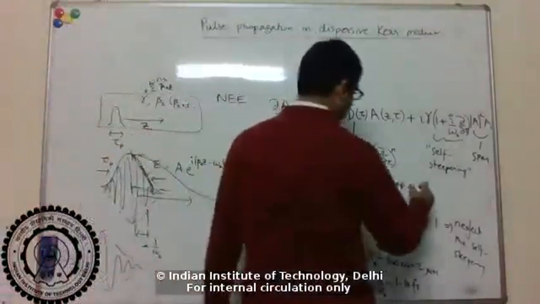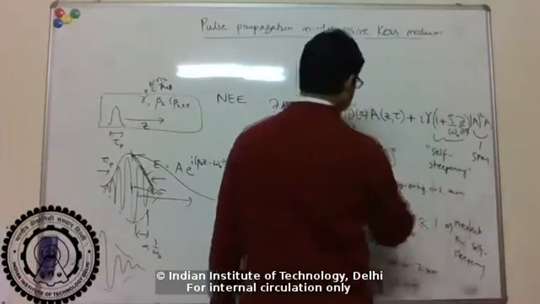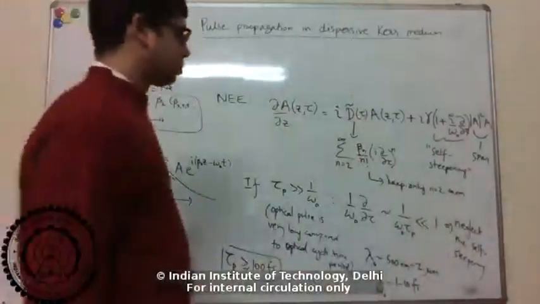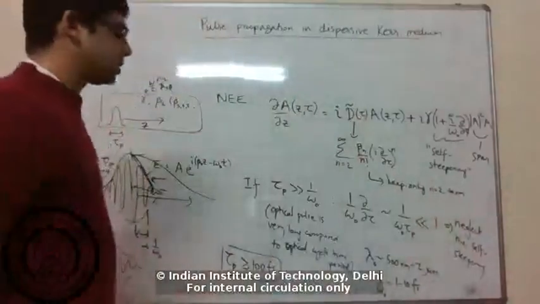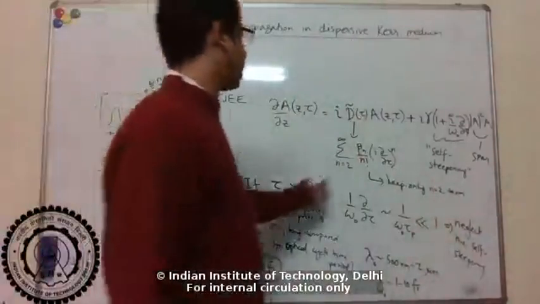So we only keep the GVD term, beta 2, and neglect all higher orders of dispersion. Again, if you go to shorter pulses, 50 femtoseconds or smaller, then you have to keep them.